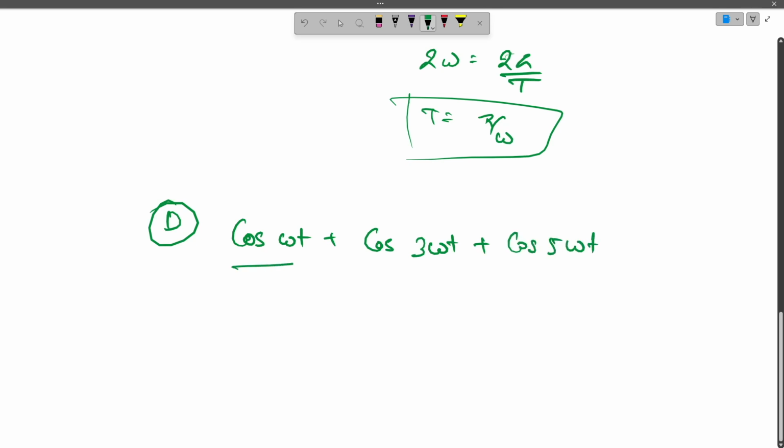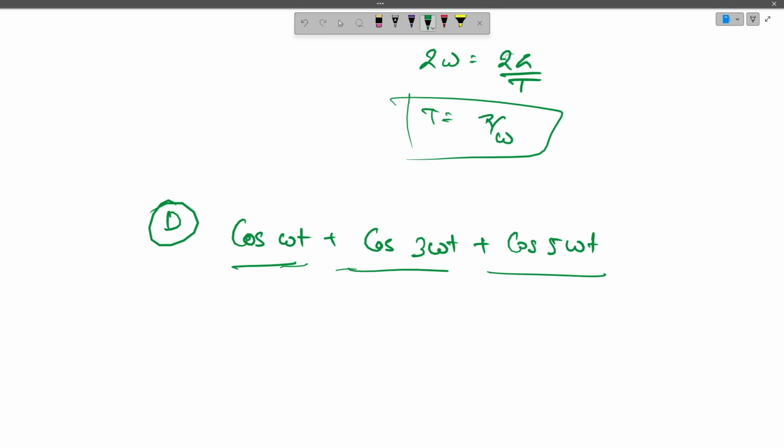So here again we see that this is an addition of 3 periodic functions. So indeed this is a periodic function, and the time period of this periodic function would be equal to the largest time period that these all would be having.